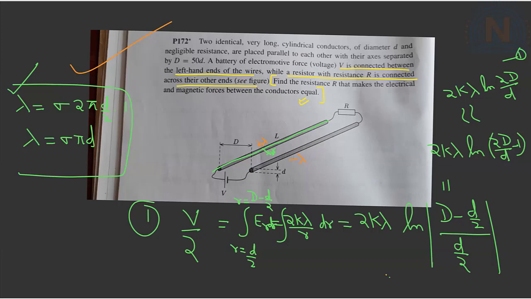So in that sense, this expression will be 2 into 1 upon 4 pi epsilon naught into lambda, which is sigma pi small d ln 2 capital D upon small d. So pi 2 term. So sigma small d by 2 epsilon naught ln 2 capital D by small d. That's fine. So यहाँ से sigma या lambda, whatever it is, that you will have.